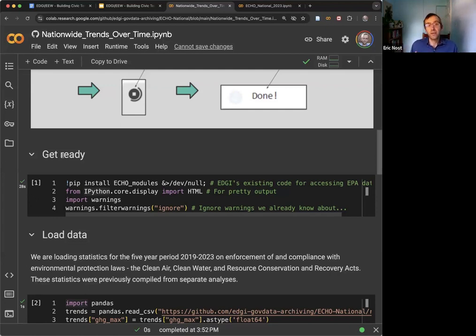And to what extent are facilities regulated under those acts complying? So we're going to be looking at things like violations of those laws, inspections done of facilities under those laws, and enforcement actions levied against violators of those laws.